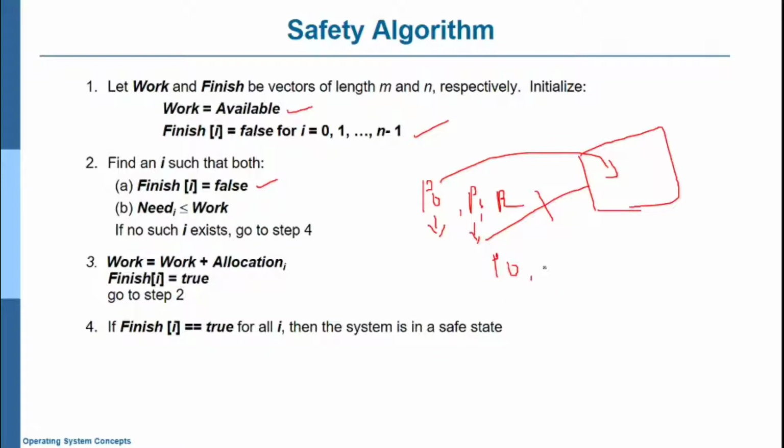So P0, P1 and P2 are in the safe state. If P1 and P2 are satisfied but P1 cannot come into the sequence, then this is an unsafe state, because the resources available in the resource pool cannot satisfy the following sequence. This is the safety algorithm.